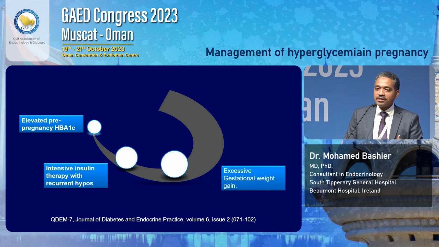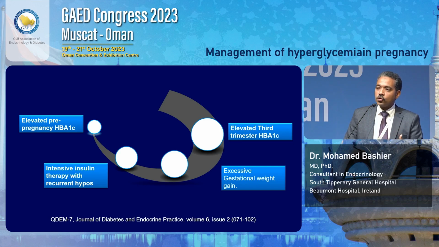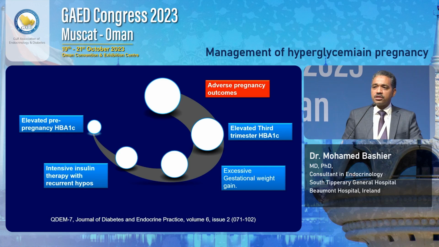They gain too much weight. By the third trimester, we find huge difficulty getting their blood glucose back to normal. In this group particularly, very few were able to achieve the target HbA1c of about 6.5% by the end of the pregnancy. And those are the patients who end up with adverse outcomes.